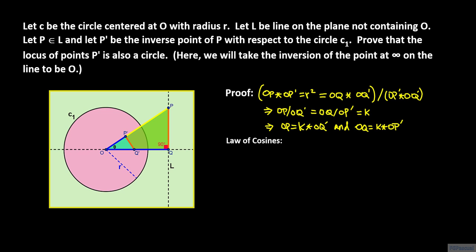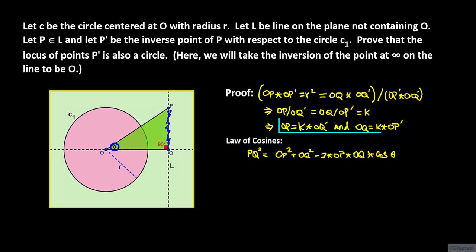To proceed with the proof, we apply the law of cosines on the big triangle. Using the angle theta and the opposite side PQ, we have the square of PQ equals the square of OP plus the square of OQ minus twice the product of OP and OQ times cosine theta.